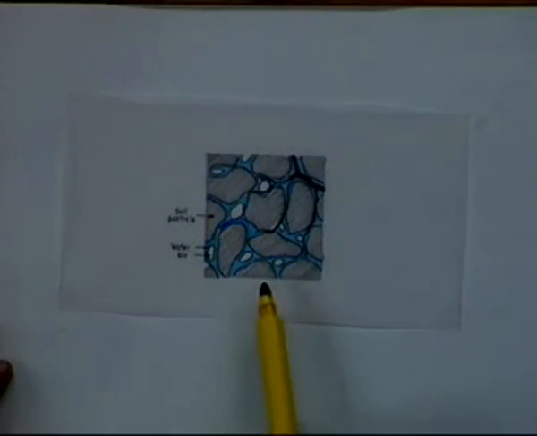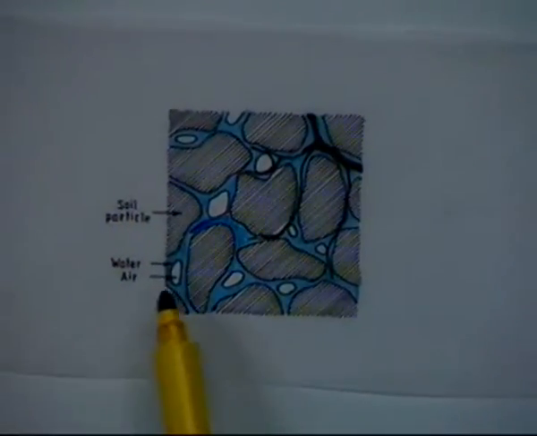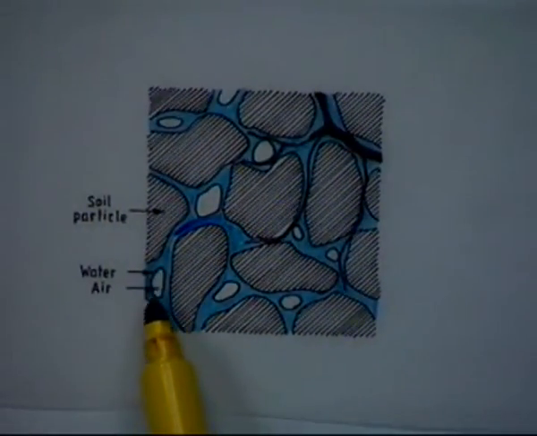To have a look at the soil matrix from the point of view of the composition, here we have tried to depict the soil particles, and these are the pore spaces.